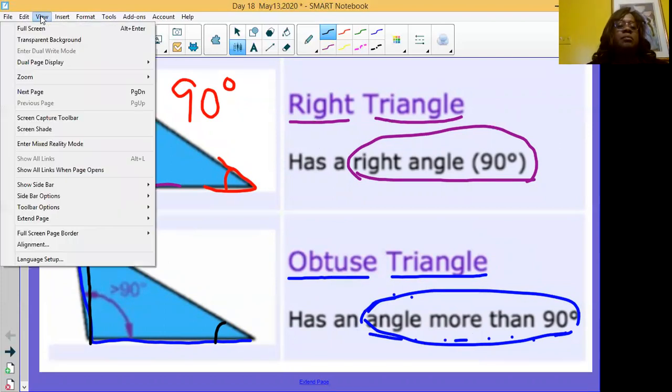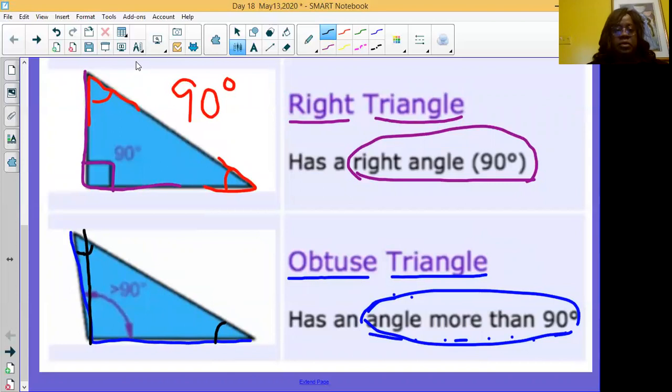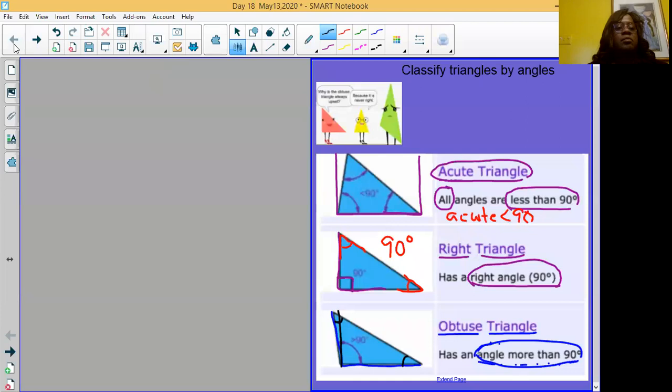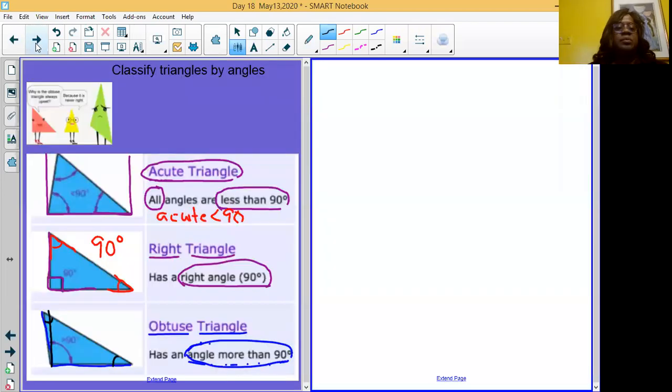Now, if you have your packet, then please take out your Learn book. If you don't have your packet, it's okay. You can just follow along with a piece of paper, okay?